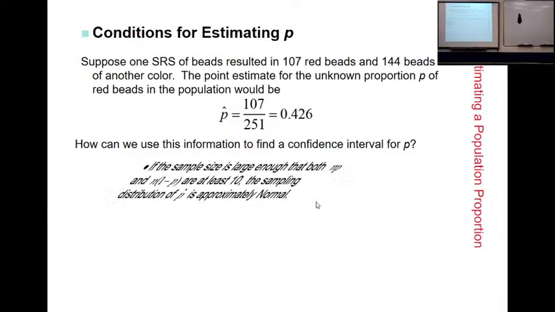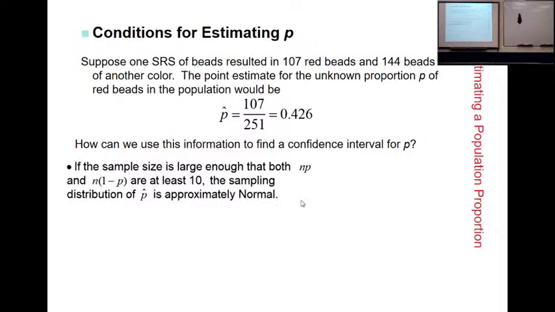So how are we going to do that? Well, first of all, we need to check that we can use a normal distribution. Usually we do that by testing. For proportions, we did this by testing n times p and n times 1 minus p. Well, this time, instead of using p, we're going to use p hat because we don't know what the population proportion actually is.